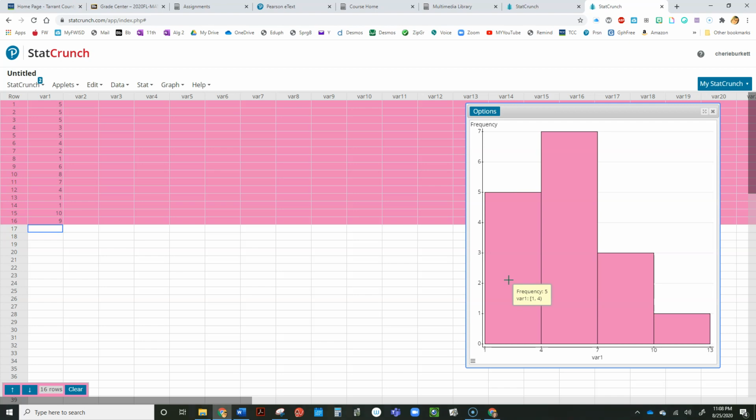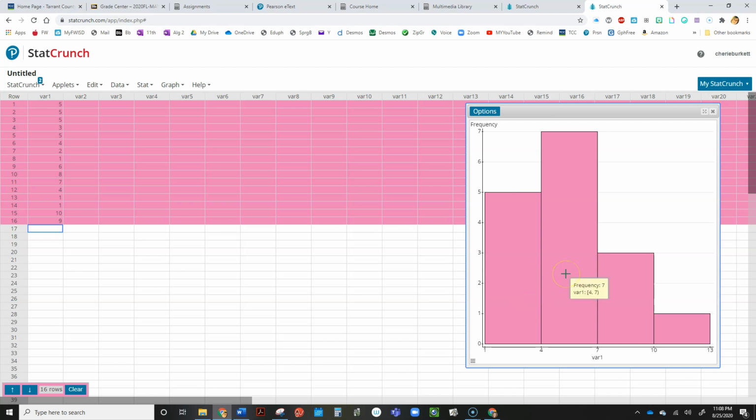That bracket in front of the 1 says the 1s go in this bin. And then the parentheses around the 4 says you can put anything up to 4, but 4s don't go in bin number 1. Those are symbols that we use to include 1, go up to 4, but don't include 4.